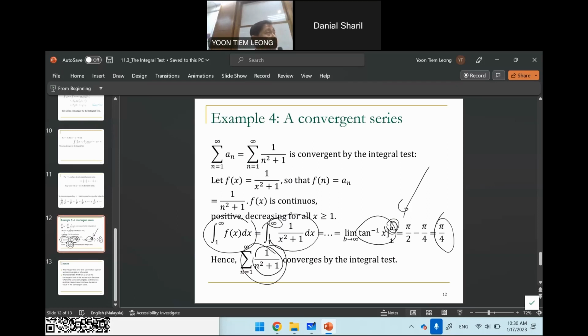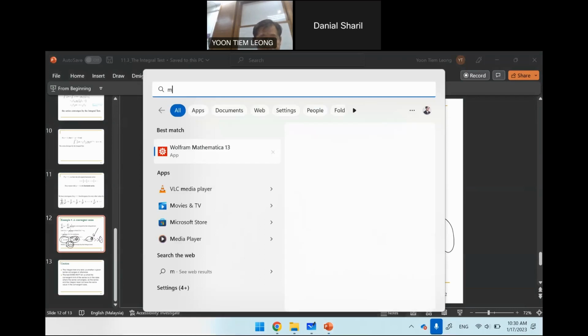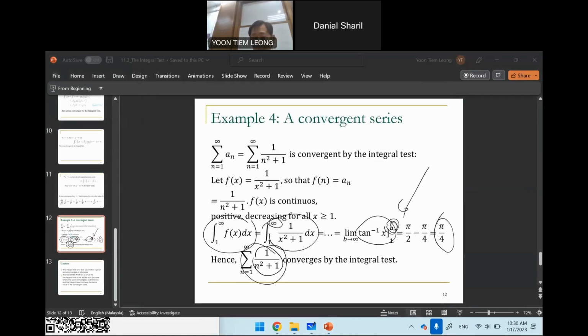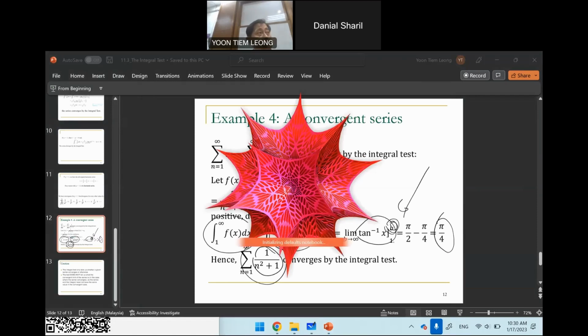If you want to know the value of the convergence, what do you do? You use Mathematica. I think Mathematica allows you to calculate the convergence of this series. I'm not sure whether this could be done, but let's just try it out. Mathematica not only tells you whether the series converges, it should also tell you what the value of the convergence is.